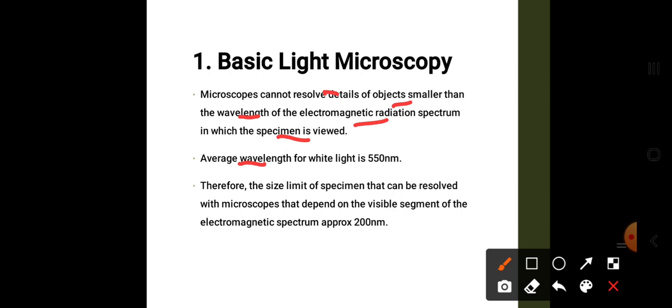Therefore, the size limit of the specimen that can be resolved or magnified with these microscopes depends on the visible segment of the electromagnetic spectrum, which is approximately 200 nanometer.